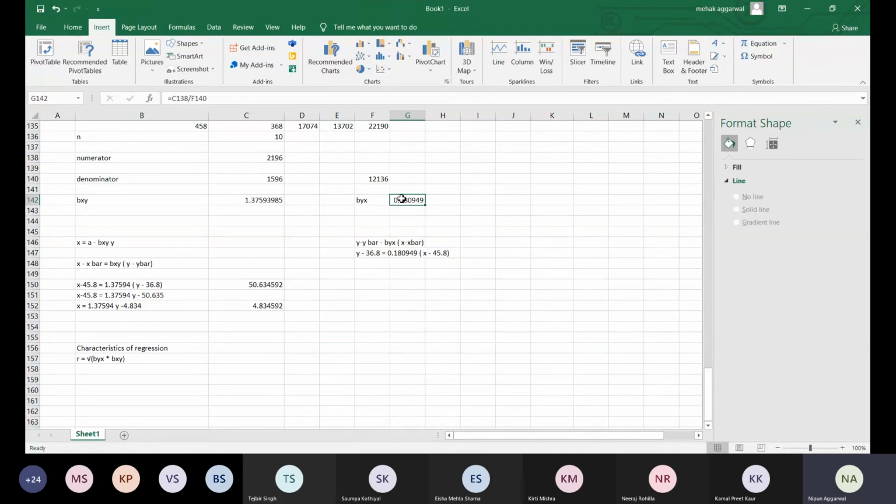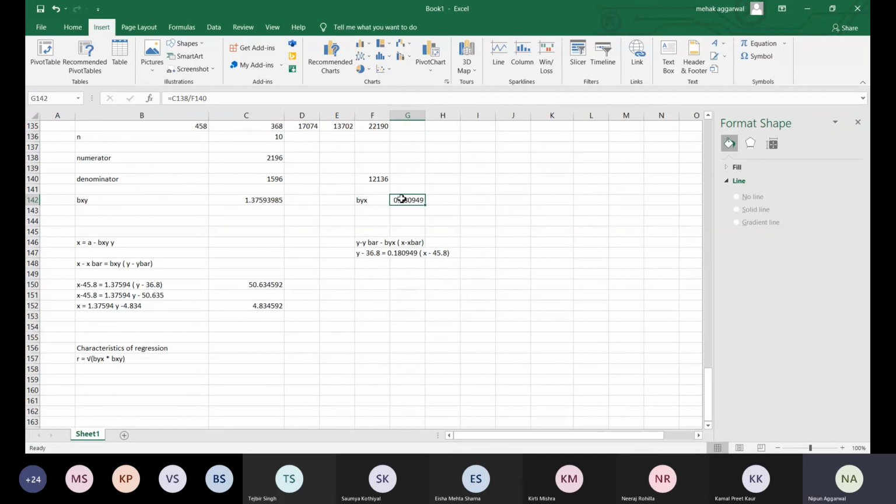In regression, we have to define which is the dependent and which is the independent variable. Regression cannot be between just two variables. If you are applying it in SPSS or something, we have to tell the system which is my dependent variable and which is my independent variable, so that the system knows whether I have to calculate byx or bxy.